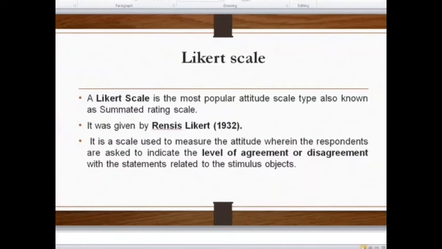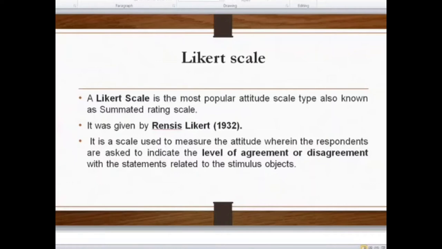Often the respondents are presented with a questionnaire containing a set of statements to rate their attitude towards the object. For example, the respondents might be asked to rate their purchase experience with Shop is Top by assigning the score 1 for strongly disagree, 2 for disagree, 3 for neither agree nor disagree, 4 for agree, and 5 for strongly agree to the series of statements.